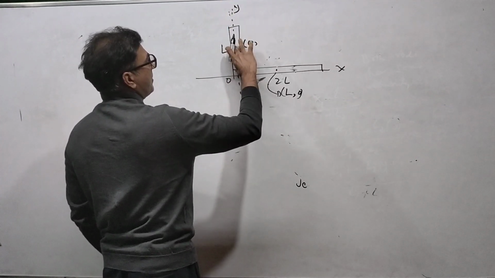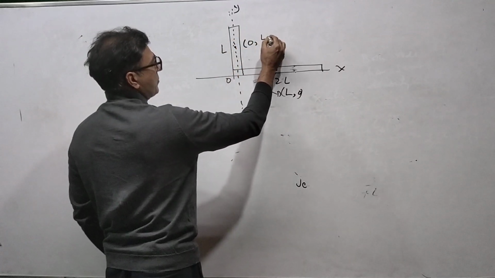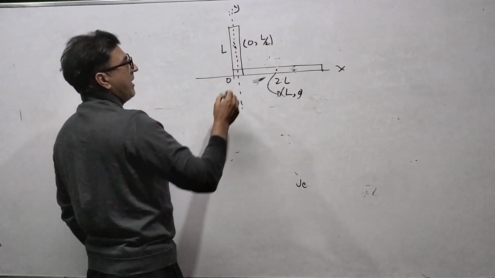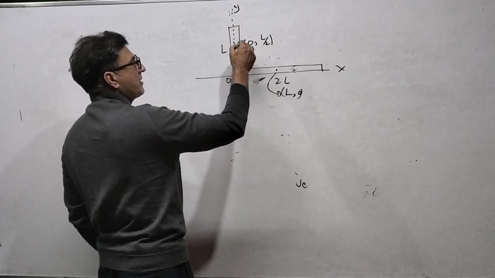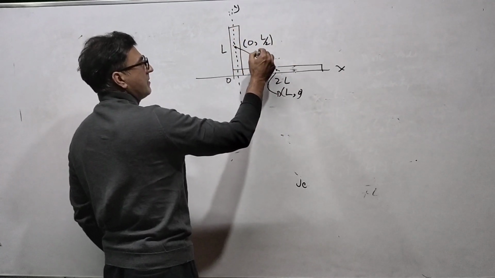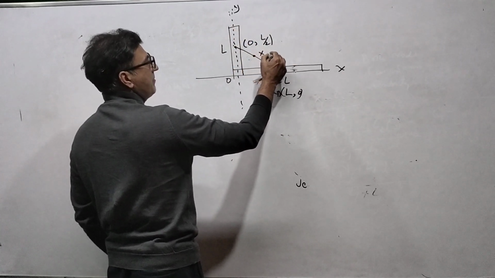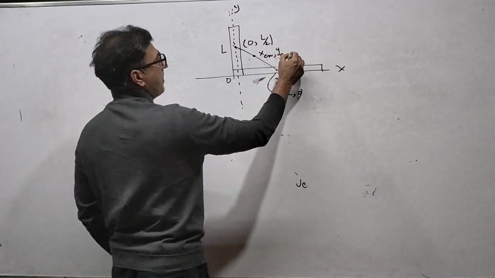And the y coordinate is L by 2. The center of mass of these two rods together will lie on this line. We have to find XCM and YCM.